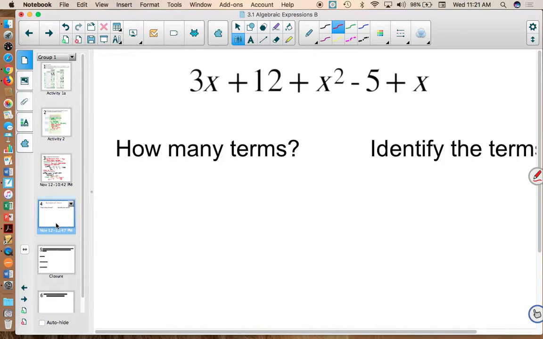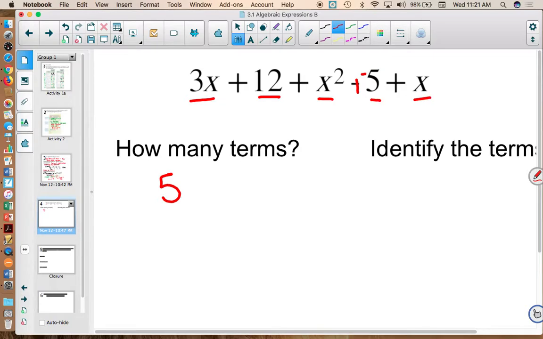And I'm going to go in and do what we said. Change it to add opposite. How many terms do I have? Ben, how many terms do I have? 5. Ben says 5 terms. Do you agree with him? 1, 2, 3, 4, 5.